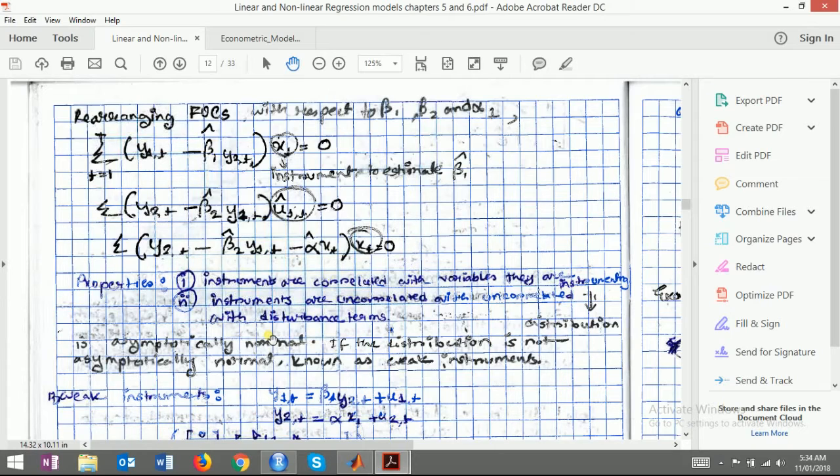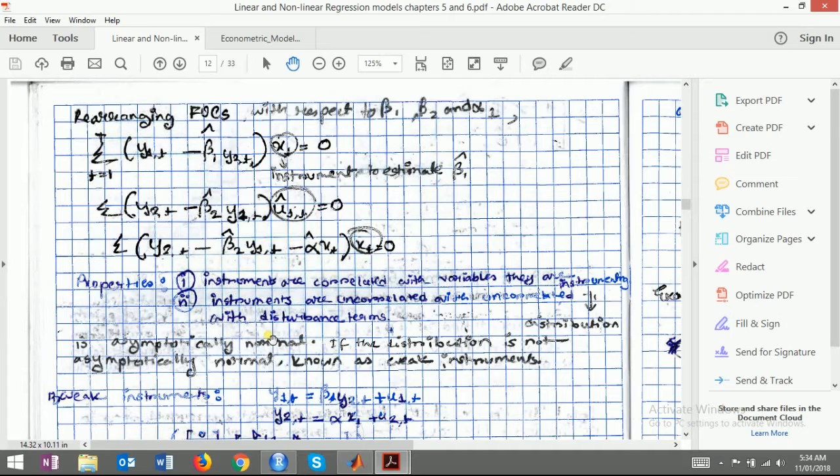Properties. Instruments are correlated with variables. Instruments are uncorrelated with disturbance terms.